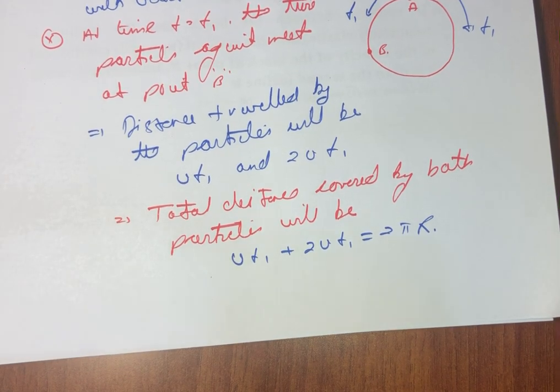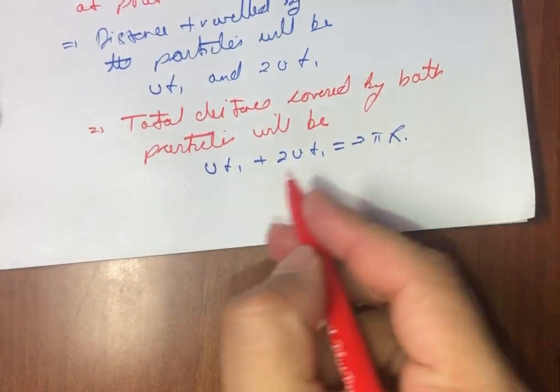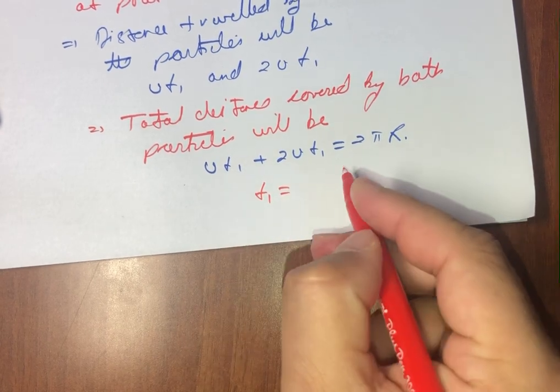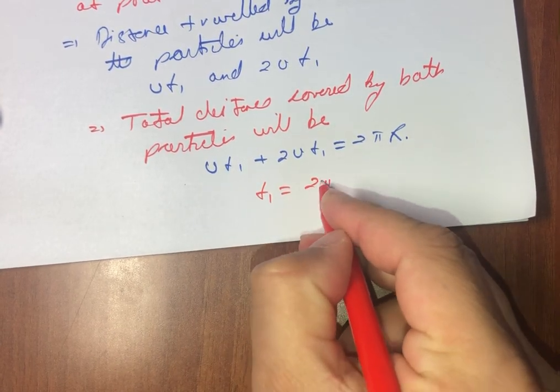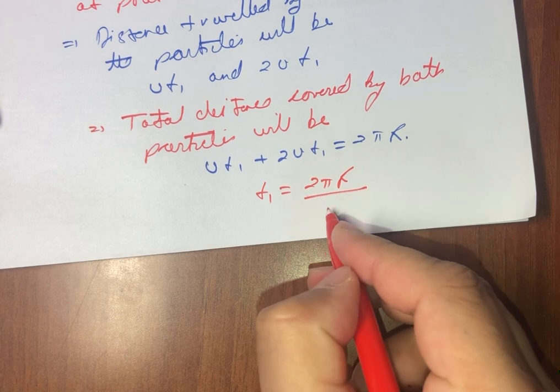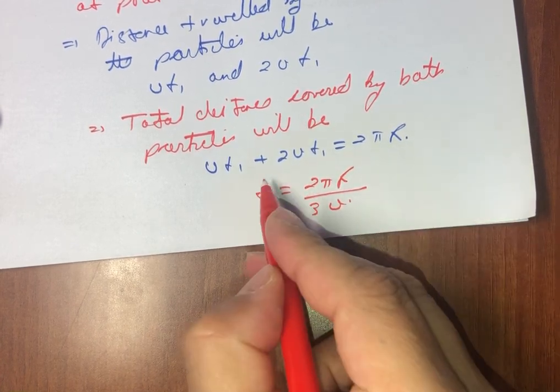From here we can find the value of t1: t1 is equal to 2 pi r divided by 3v.